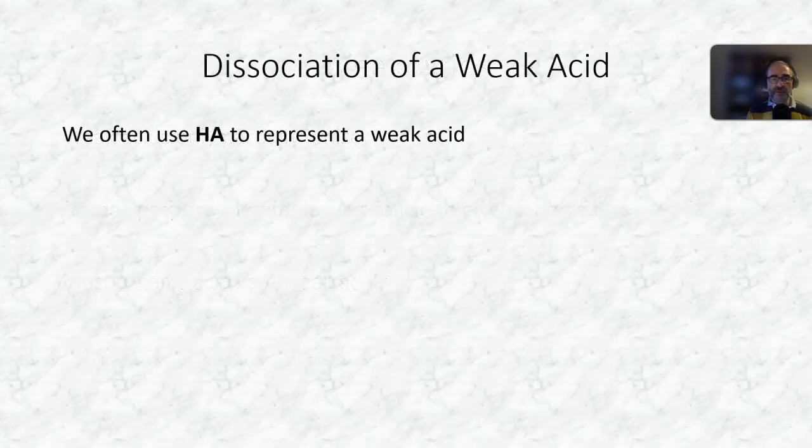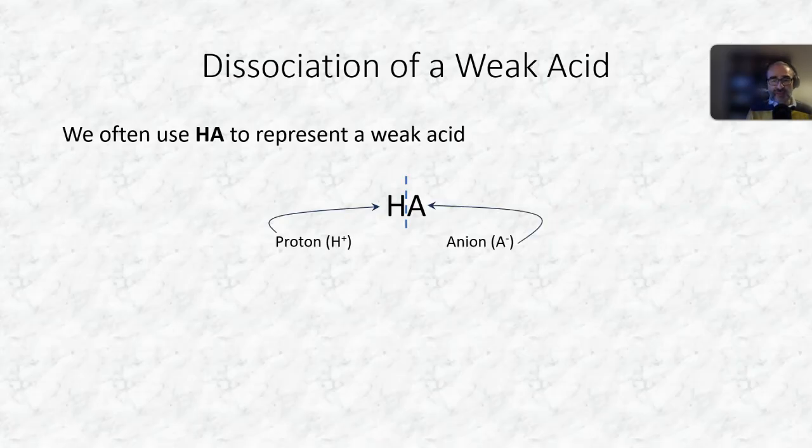Let's consider what we mean by the dissociation or ionization of a weak acid. To do so, we'll use HA to represent the formula of a weak acid. The H of the HA formula represents the hydrogen or the proton when it dissociates, when it ionizes, and the A represents the anion when that dissociates.